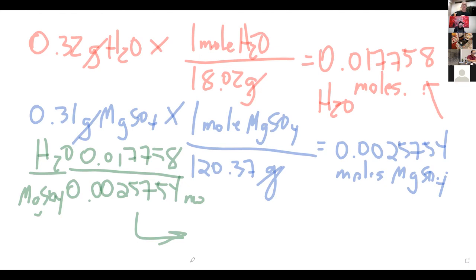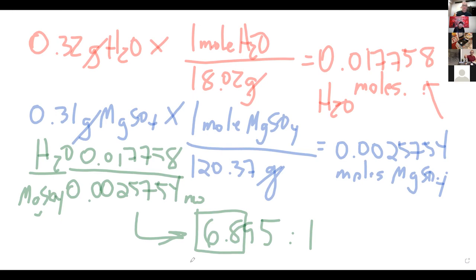Oh, this is sweet. So that ratio is 6.895 to 1. So that's the ratio. So remember, we need to round this to 2 digits. So those are my 2 significant digits.